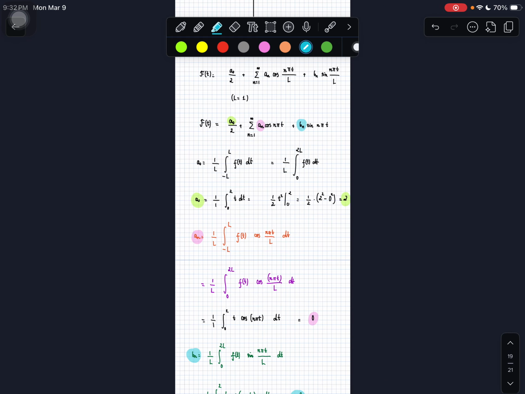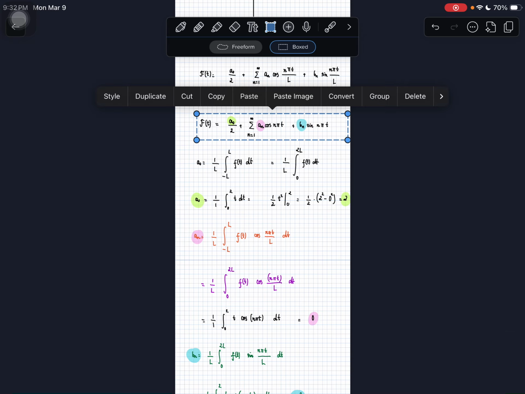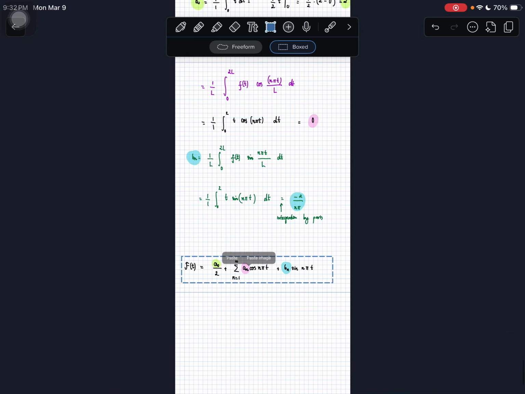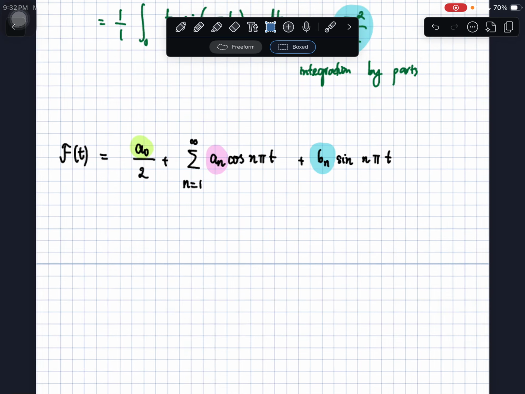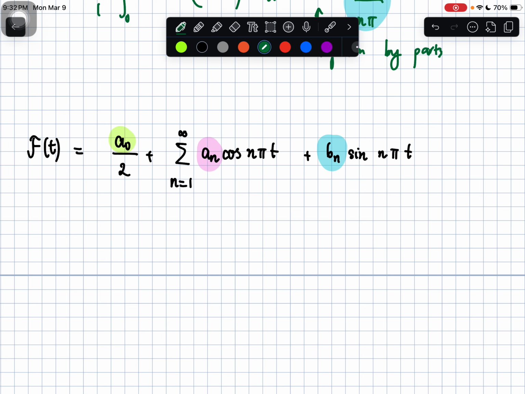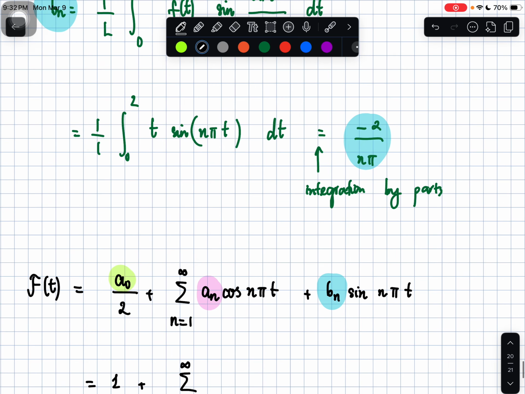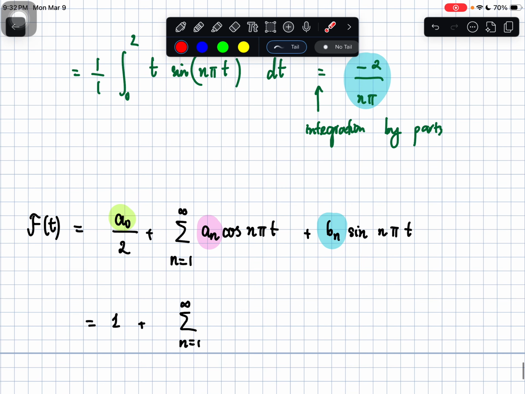So we have everything here, and you can plug into this formula. The Fourier series has a0 over 2, so 2 over 2 is 1. an is 0, so we only have bn. The sum from 1 to infinity of bn, which equals this term, minus 2 over n pi.